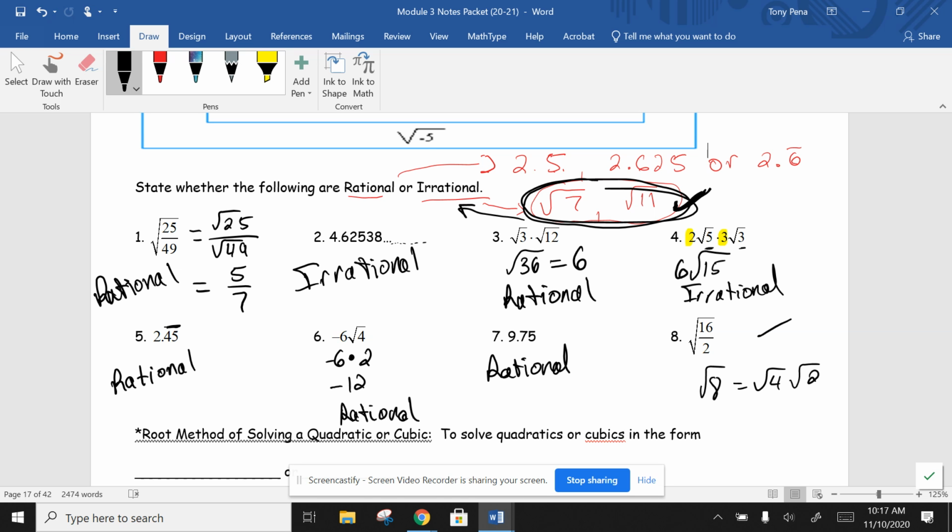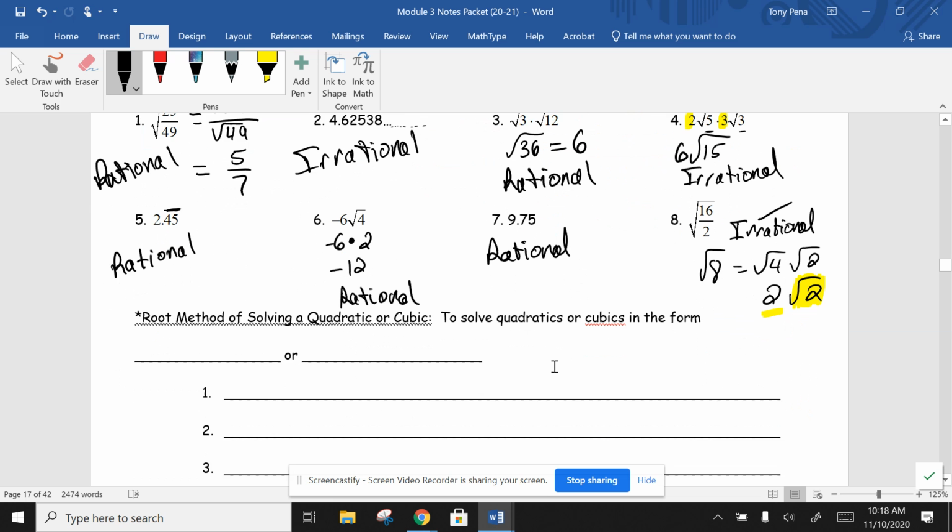We do then get a perfect square, as this is a 2 and then a root 2. So even though this 2 is good, don't we still end up with the square root of a number that's not a perfect square? Because of that, this is going to be an irrational number. All right, and that's kind of what we're dealing with now, is how do we handle irrational numbers, which are the square roots that are not perfect squares, okay?